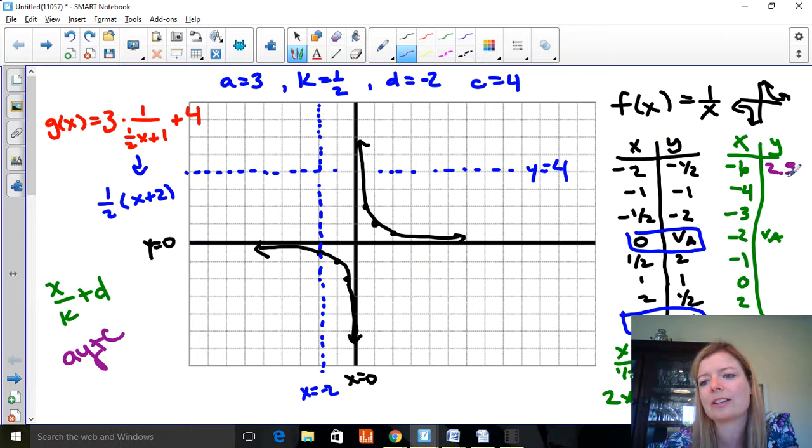If you do this on a calculator, that's fine. -3 plus 4 is 1. -6 plus 4 is -2. 6 plus 4 is 10. 3 plus 4 is 7. 1.5 plus 4 is 5.5. And then my horizontal asymptote is 4.